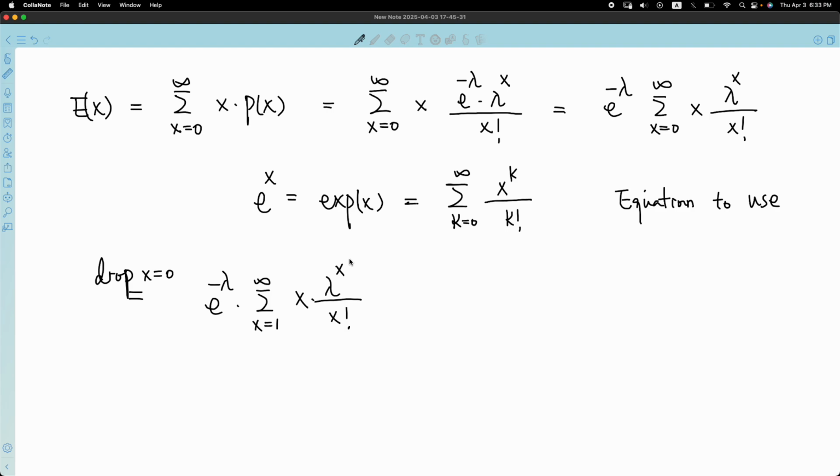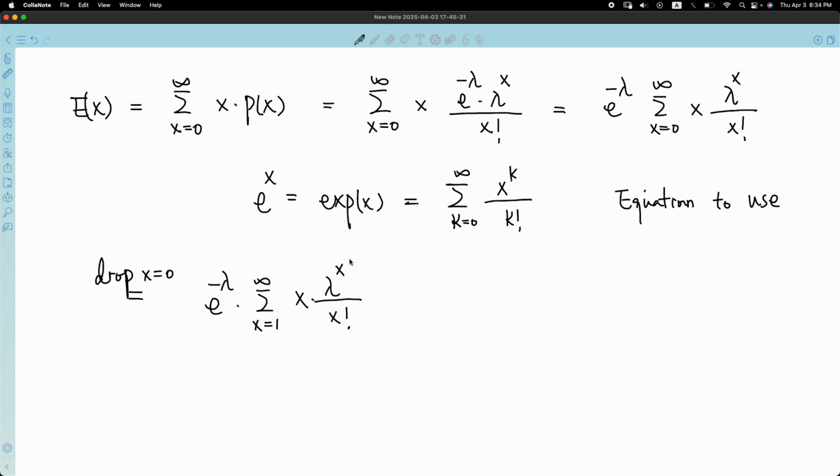Should the k be x instead? This is just a known formula, and we are going to apply it to our calculation. The e to the x is written with x, and the summation is written with k. Yes, the k is for this one, so you sum over k.